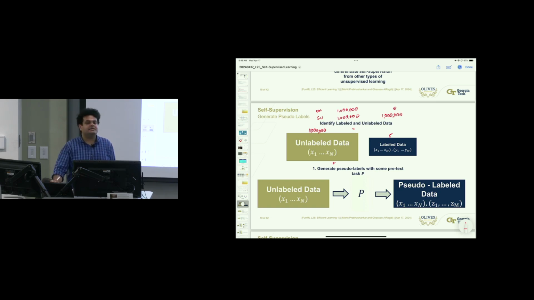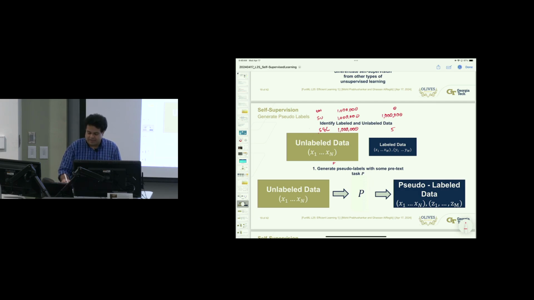In self-supervised learning, or SSL, I assume 1 million images, and 5 labeled examples. So this is a good way of understanding or differentiating between the different paradigms of learning that can exist.